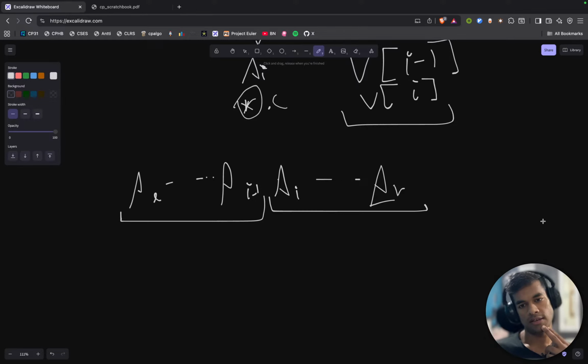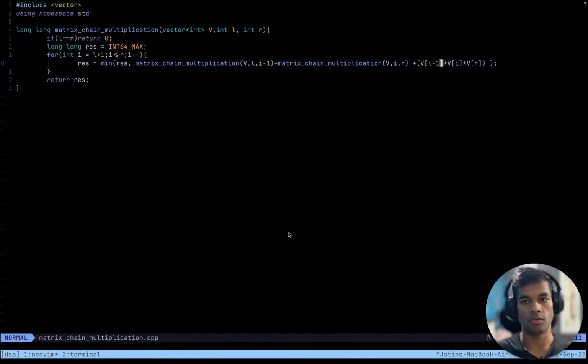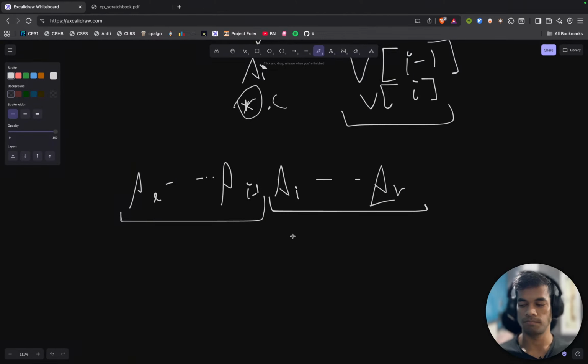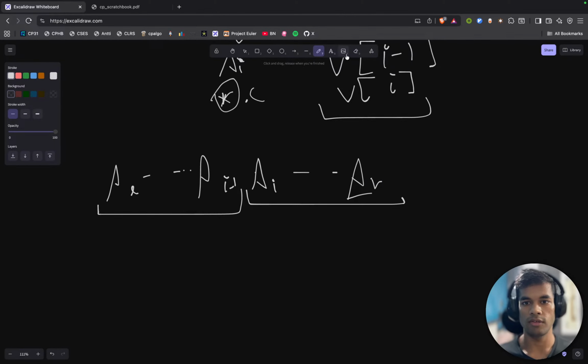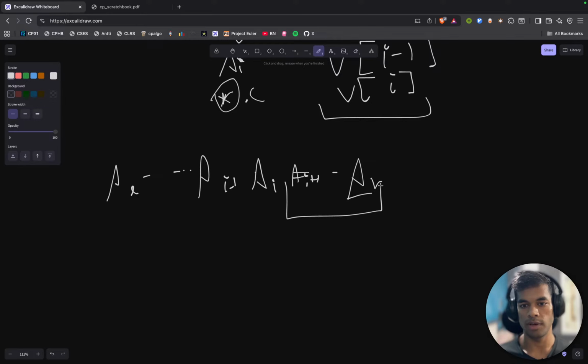If that is the case, then a few things are going to be different. Yes, a few things are going to be different. So what we should do is, let's include this matrix, the AI matrix, in the left part, and AI plus 1 would be our right part and this would be our left part.